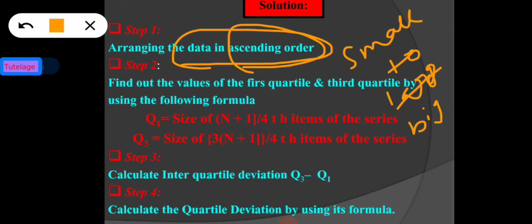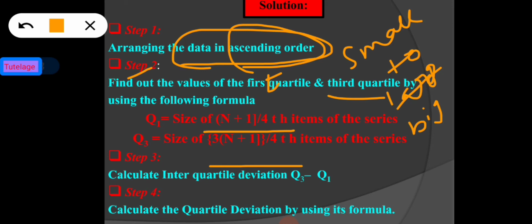Now going to the second step, find out the values of the first quartile and the third quartile, because the formula of the quartile deviation uses Q3 and Q1. Find them using the following formula: Q1 equals the size of (n plus 1) divided by 4, and Q3 equals 3 into (n plus 1) by 4.